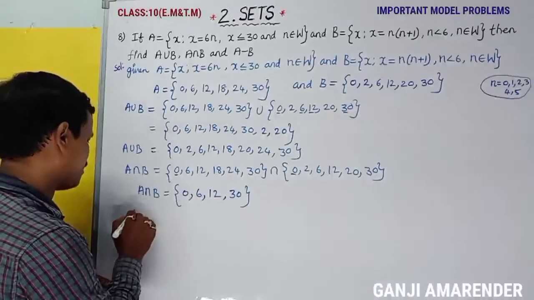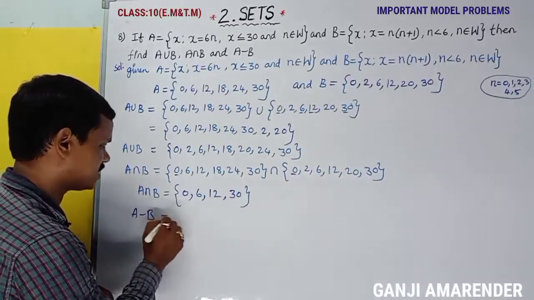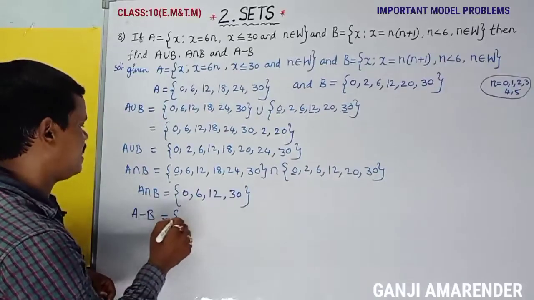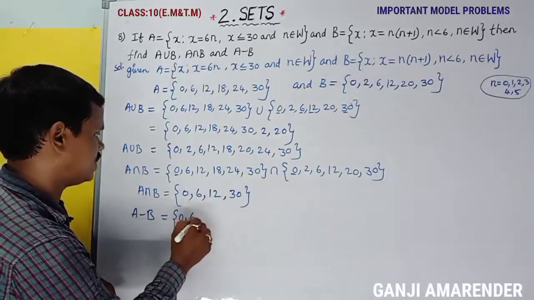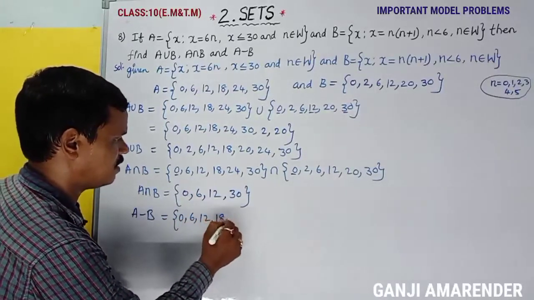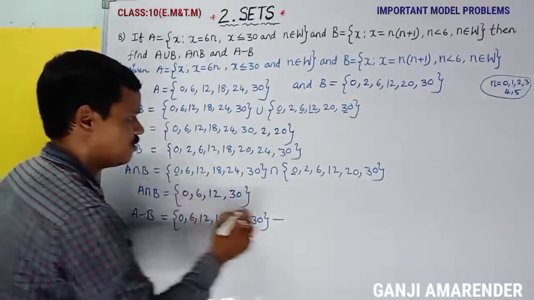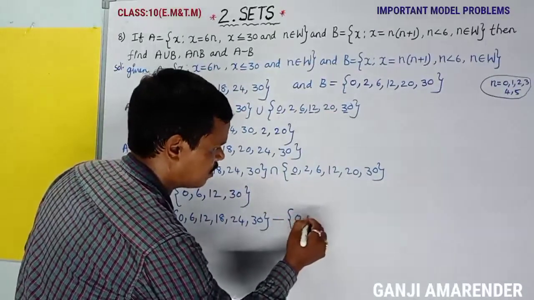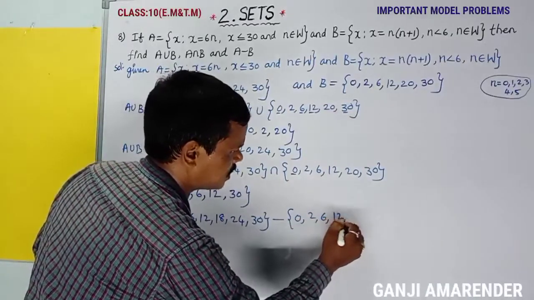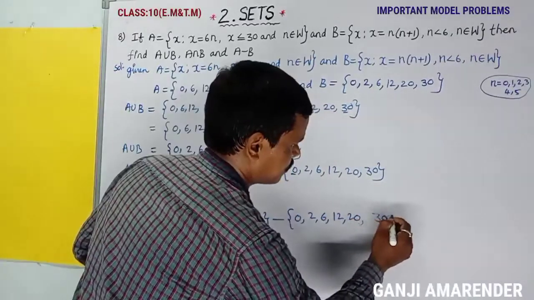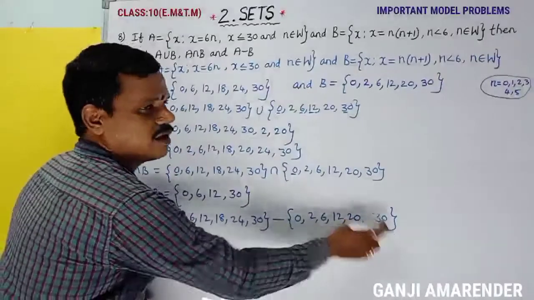Next, A minus B, the difference of the sets. Write the set A: 0, 6, 12, 18, 24, 30. Minus set B: 0, 2, 6, 12, 20, 30.